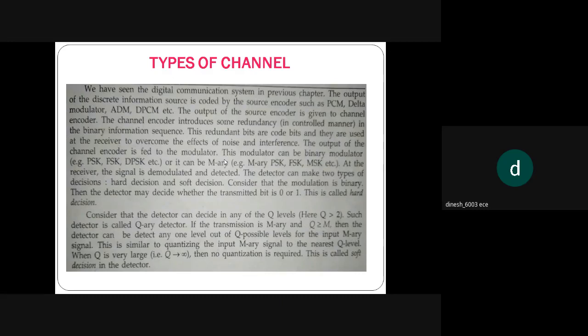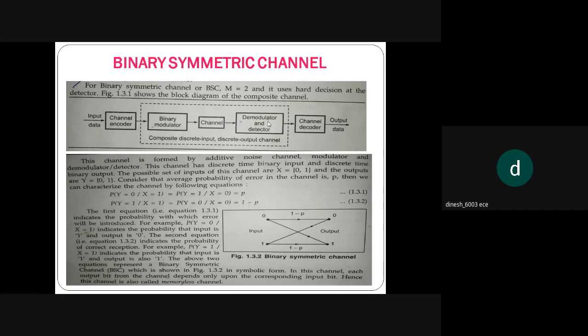So this is the introduction towards types of channels. In that, the first channel is the binary symmetric channel. So what is this binary symmetric channel? The binary symmetric channel will have a value of M equal to 2 in the hard decision.